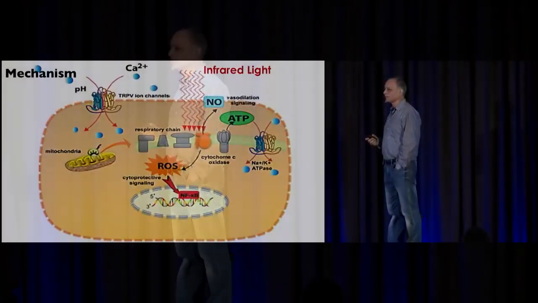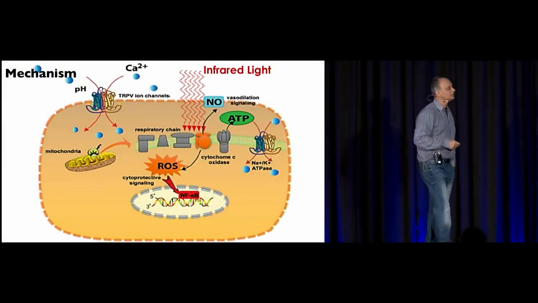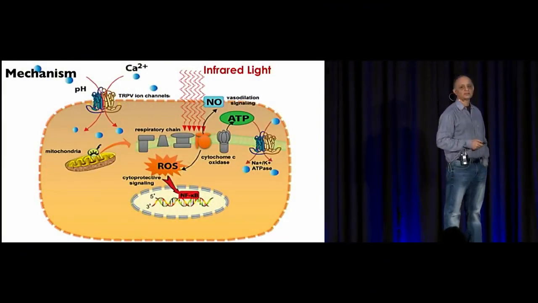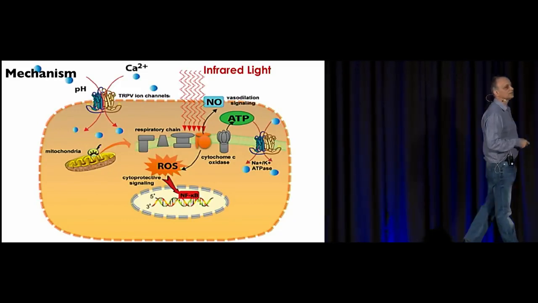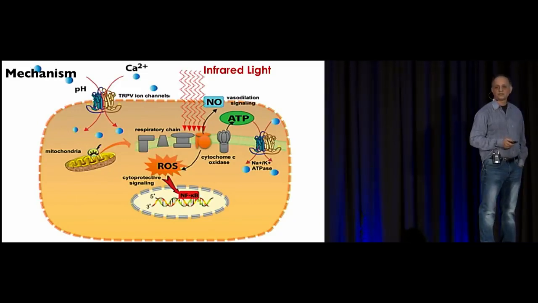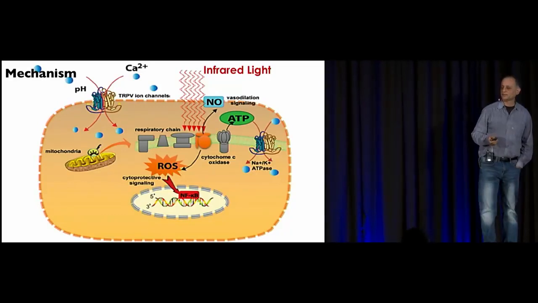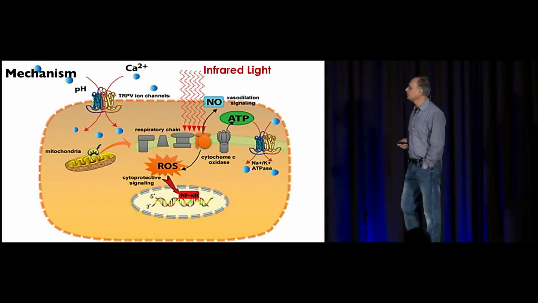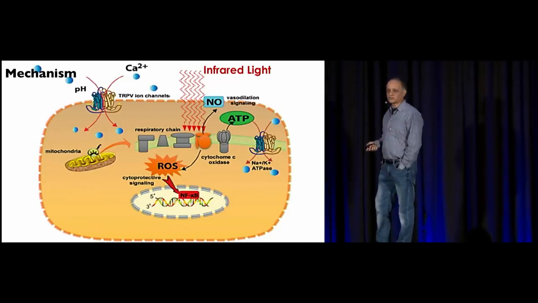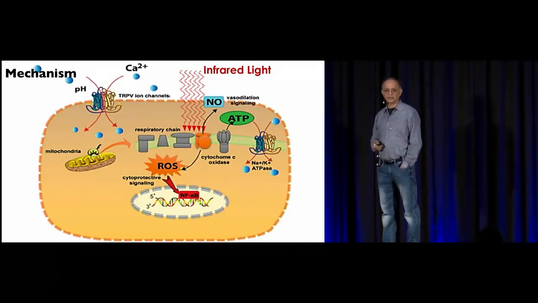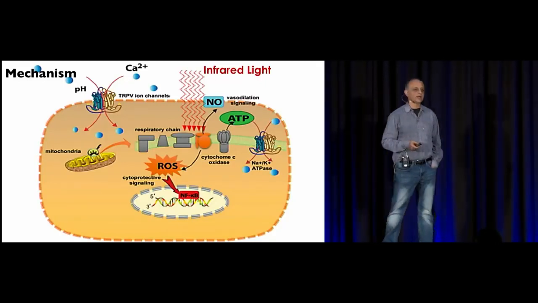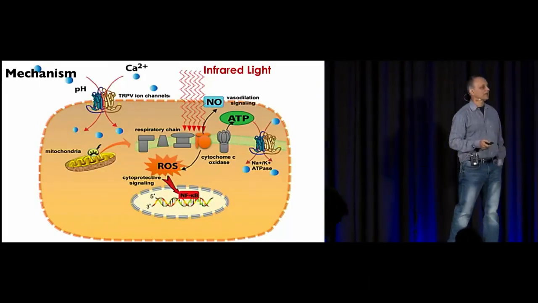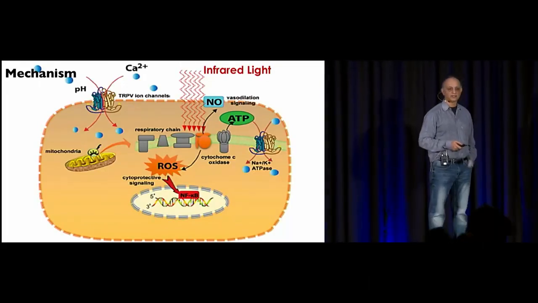It is absorbed by an enzyme called cytochrome C oxidase, which increases the electron transfer, produces more ATP, so the cell has more energy to work with, releases nitric oxide, which is toxic to the cell but beneficial in the bloodstream, which improves blood flow. And there's increased oxygenation, increased oxygen uptake, a release of small amounts of reactive oxygen species, which activate beneficial cell signaling.